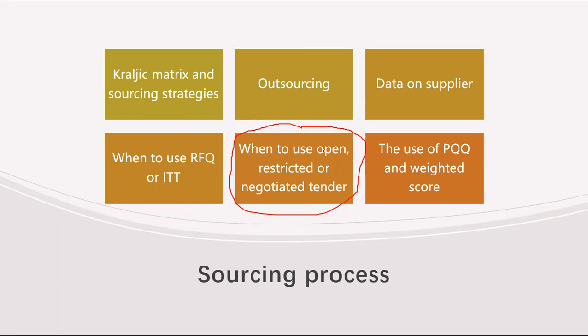Before that, we need to qualify them, before we negotiate individually with them to select the best option for our project, and then we run a tender on the selected options.